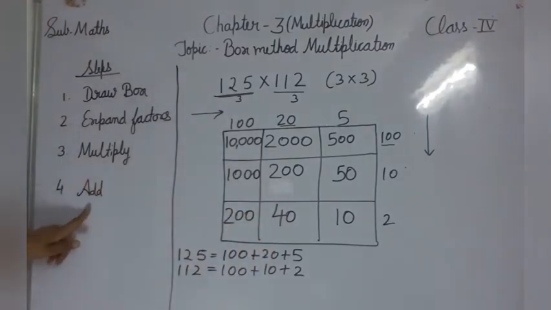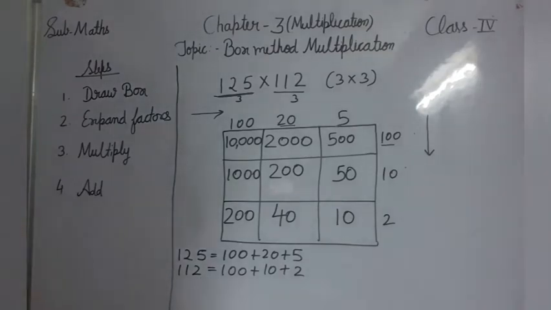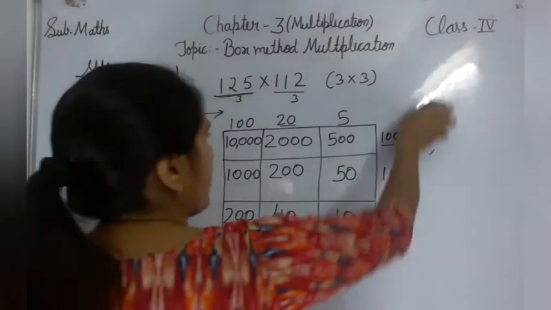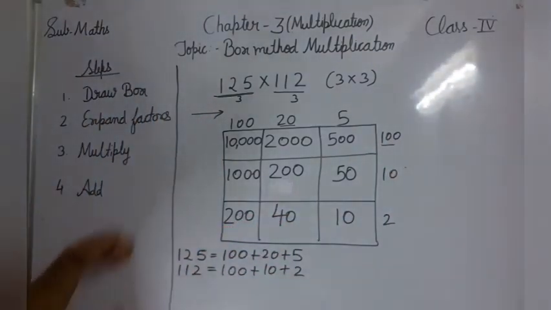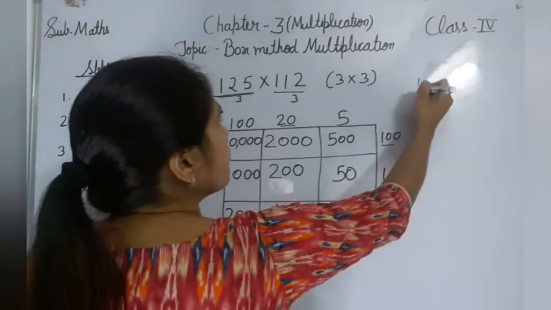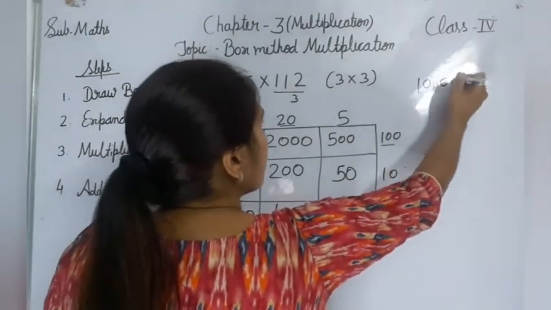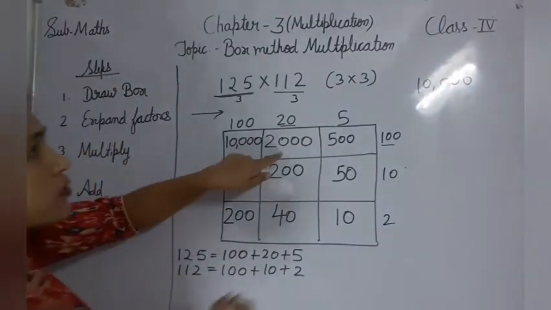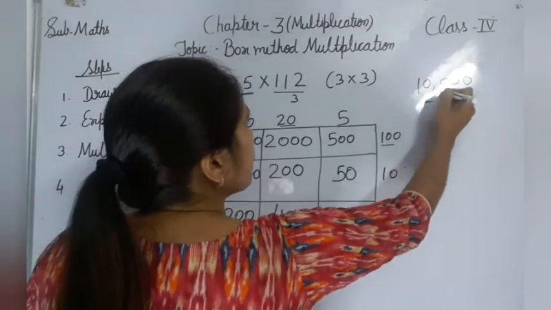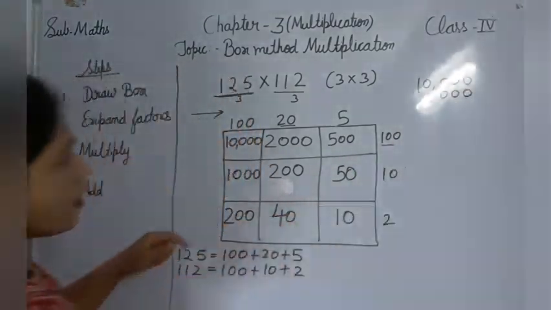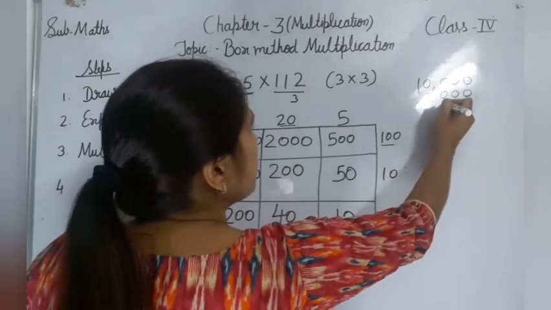Now what is the fourth step? Addition. Now we have to add all these numbers. So let's add them. First I am taking 10,000. Second is 2,000. Third is 500.